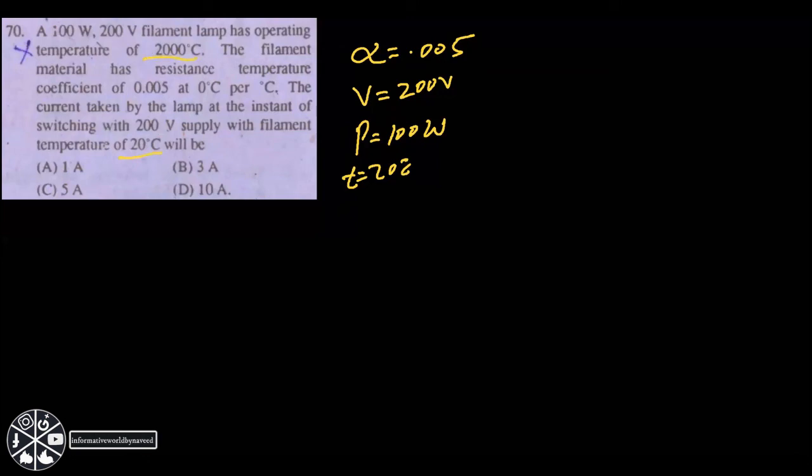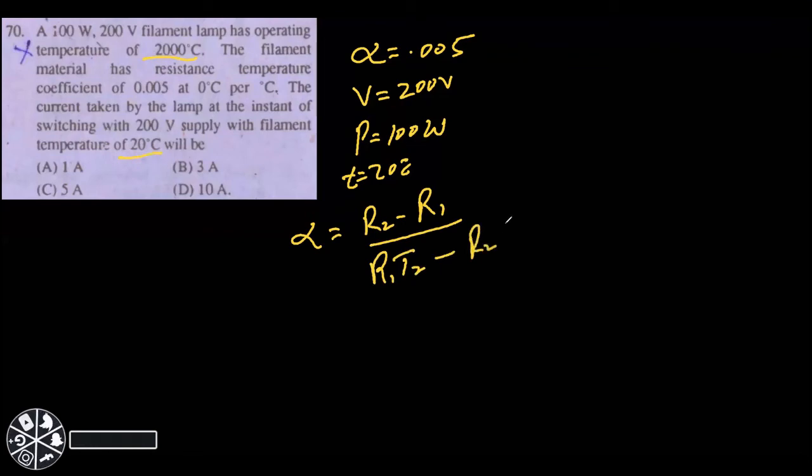So I will use the formula that alpha is equal to R2 minus R1 divided by R1 T2 minus R2 T1. We need to find I1.